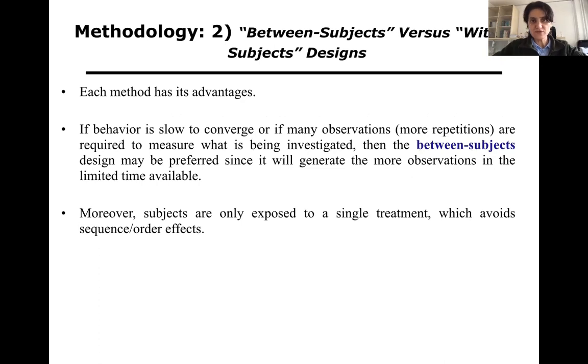If behavior is slow to converge, or if many observations are required to measure what is being investigated, then the between subject design may be preferred, since it will generate more observations in the limited time available. Moreover, subjects are only exposed to a single treatment, which avoids sequence order effects.